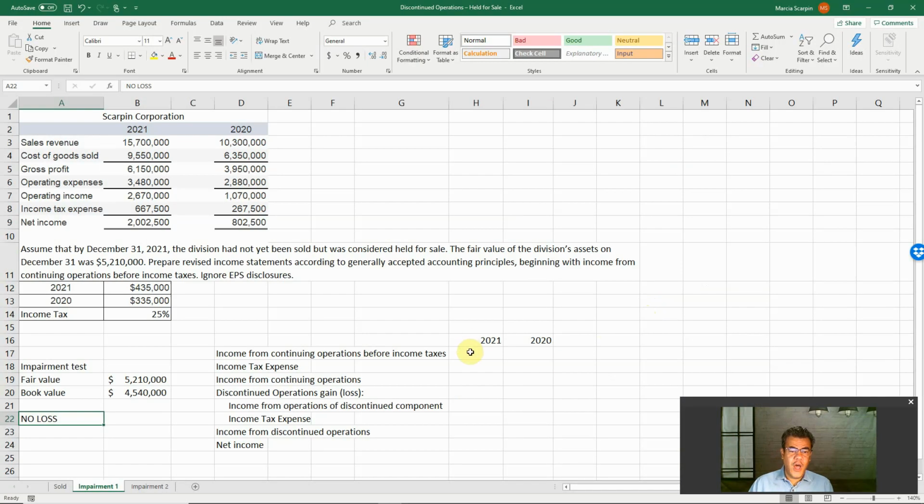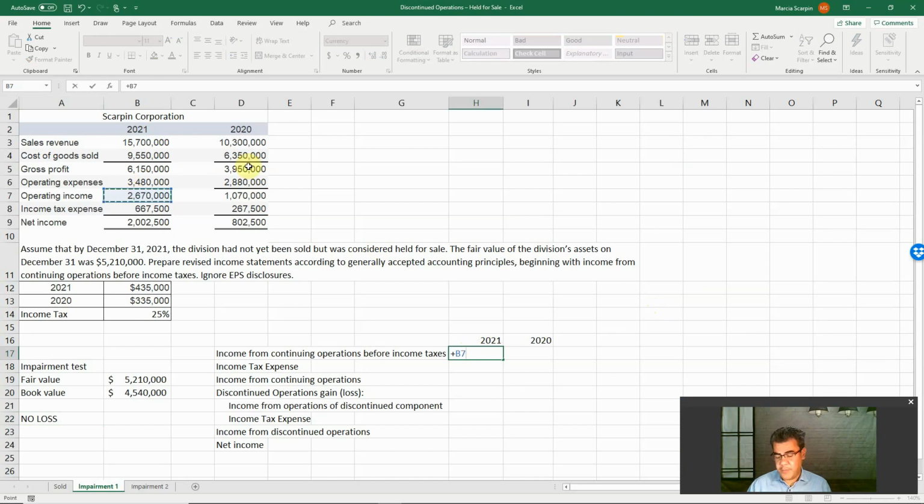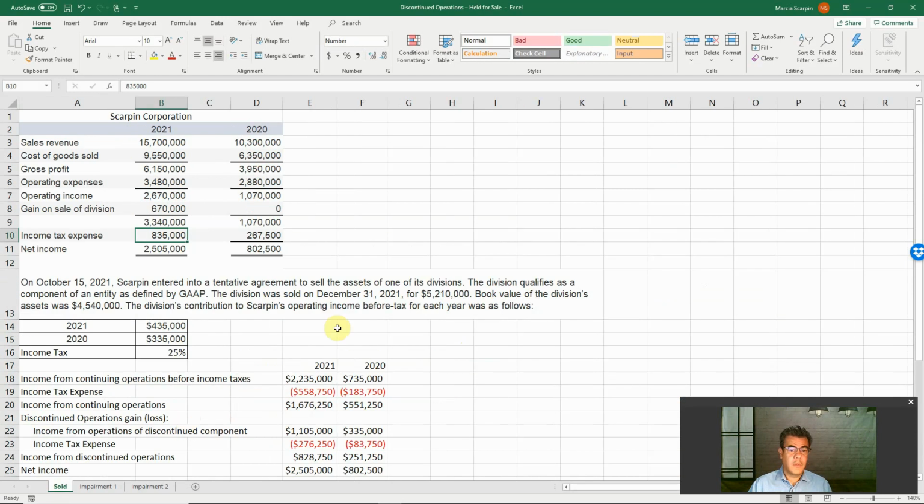So if we have no loss, income from continued operation will be the operating income less the division contribution to scrapping operating income.